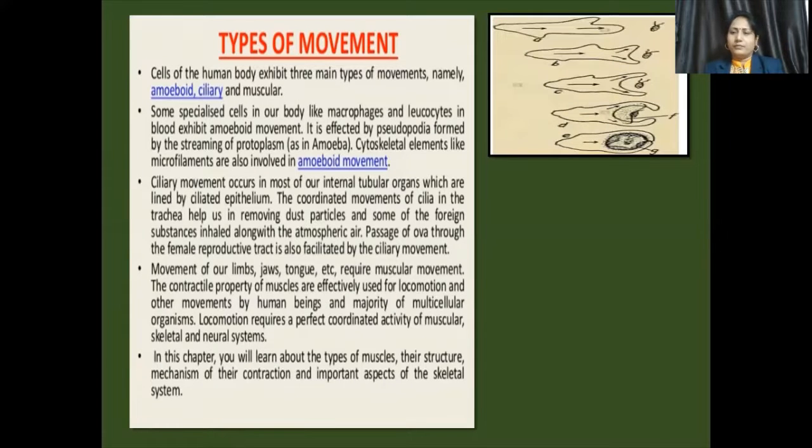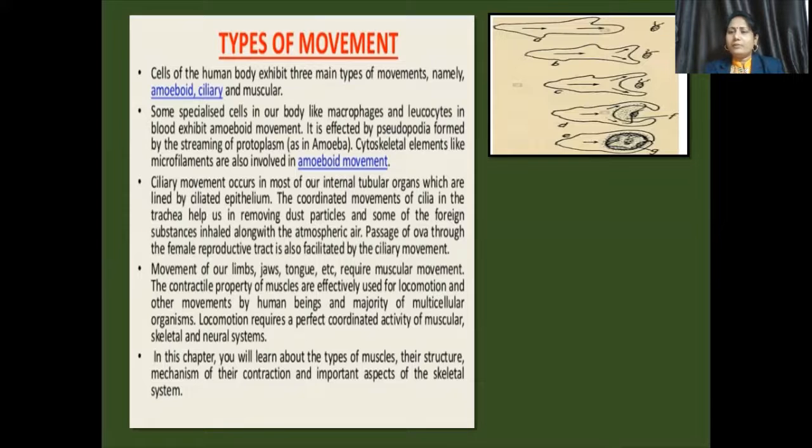Okay. So these are the amoeboid movements. That type of movement also occurs in the leukocytes which are present in the blood. Now the second type of movement is called ciliary movement. For example, paramecium.